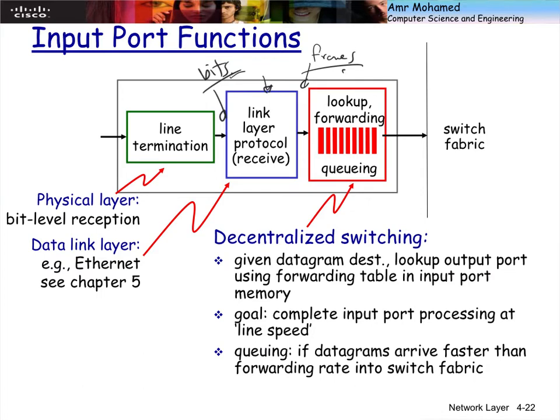So you have to detect the start and end of a frame. Of course, here we also have to account for collision, whether the medium is collision based or collision free, and so on. So we have to perform all the data link layer functionality at this level.